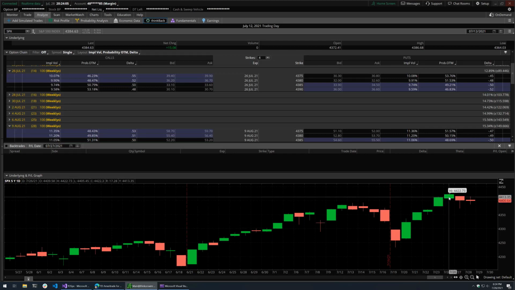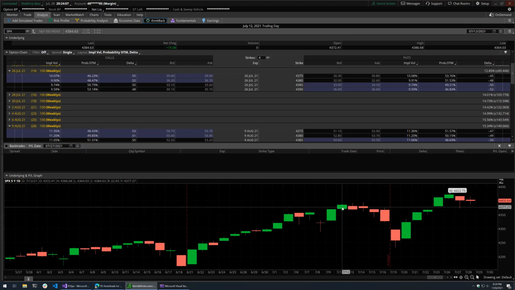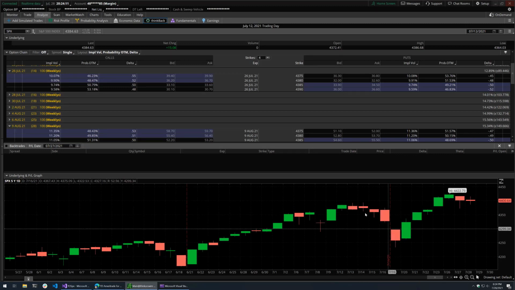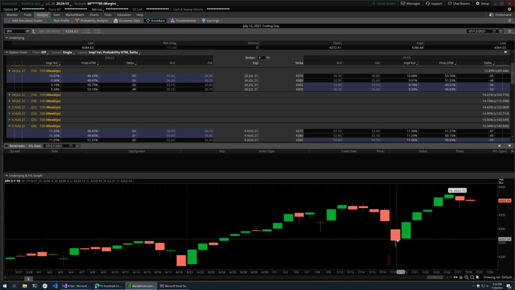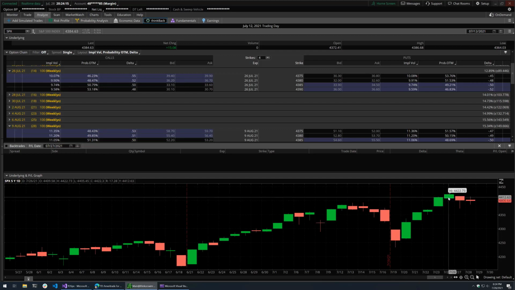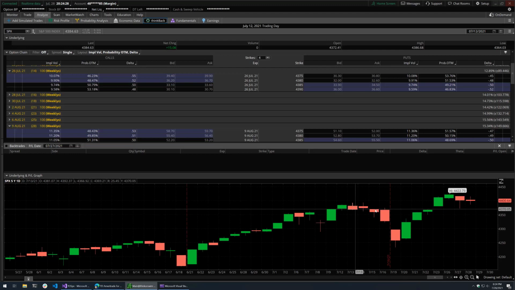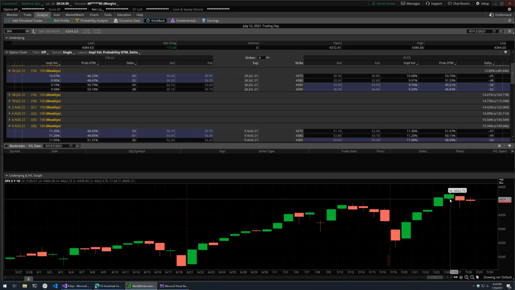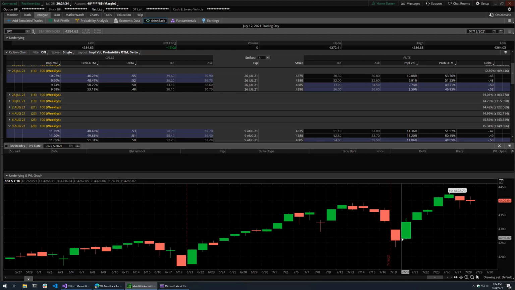The reason I'm picking those dates is because the 12th is a Monday, the 19th is a Monday, and the 26th is also a Monday. There are also weekly options that expire on Mondays, so it's really easy to set up the trades. And there are 5 red days followed by 5 green candles.